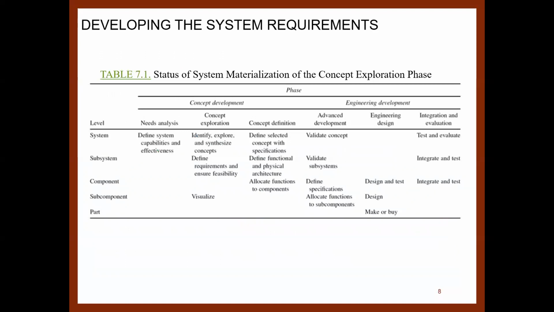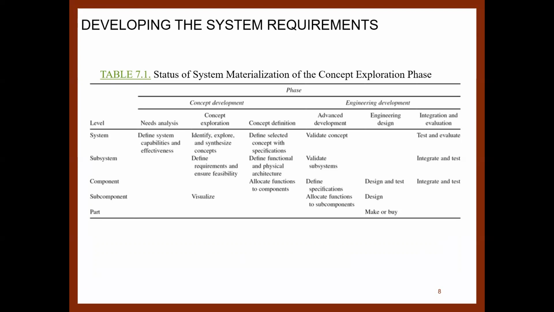So if we look at the concept development or the status of the system materialization of the concept exploration phase, we are in the second column under the concept development phase. We have the concept exploration, and we can see at the system level, we are identifying, exploring, and synthesizing concepts.